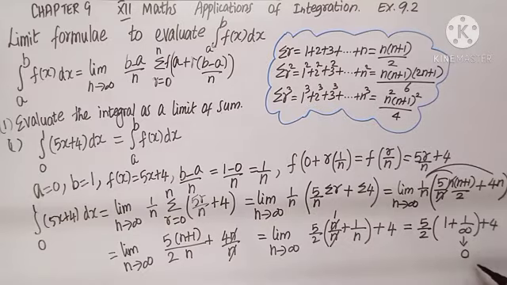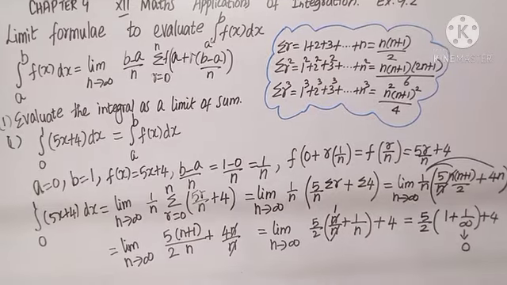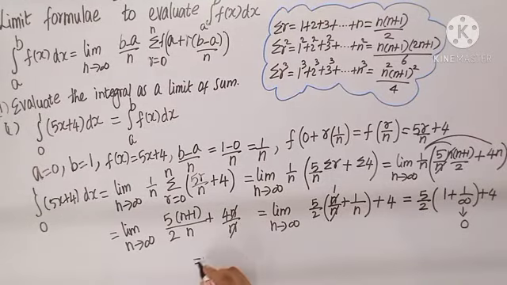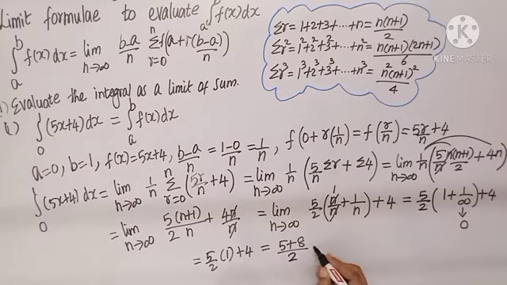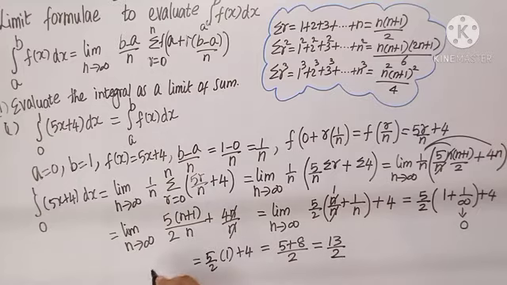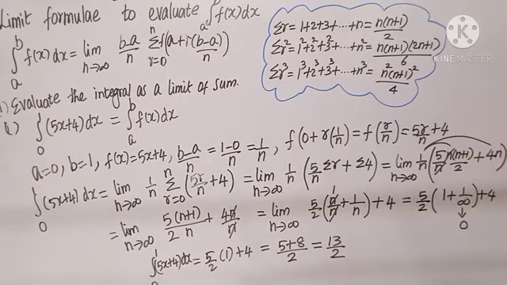So forget this. I have only 5 by 2 into 1, plus 4. Taking LCM, it is 5 plus 8 by 2, or 13 by 2. So the given integral from 0 to 1 of 5x plus 4 dx equals 13 by 2.